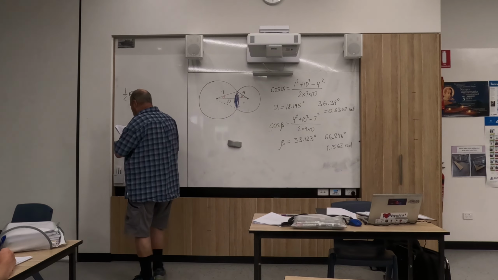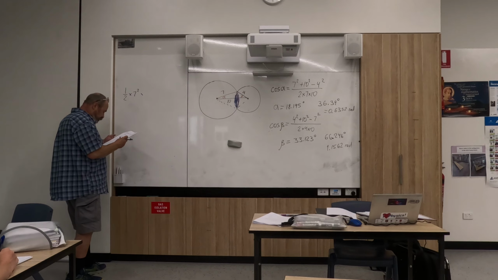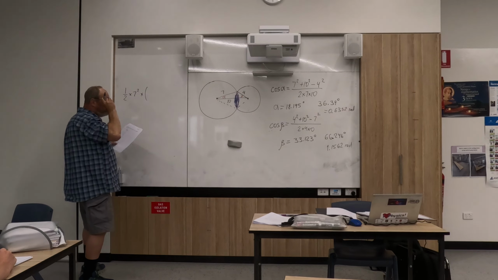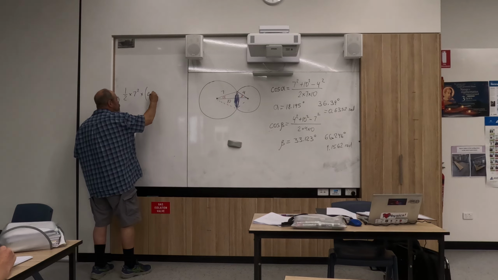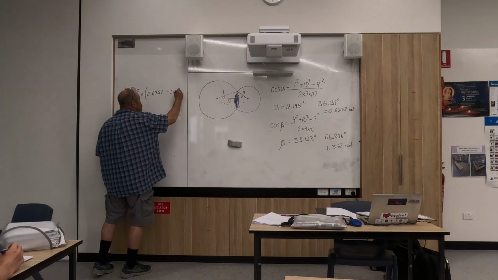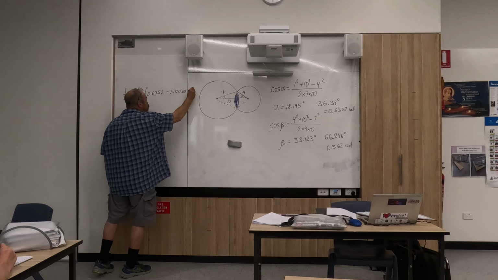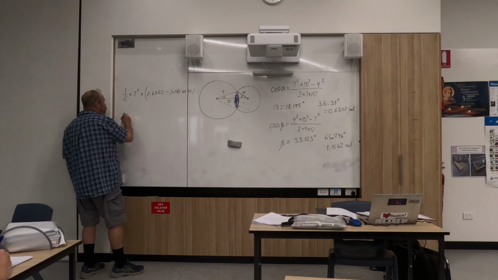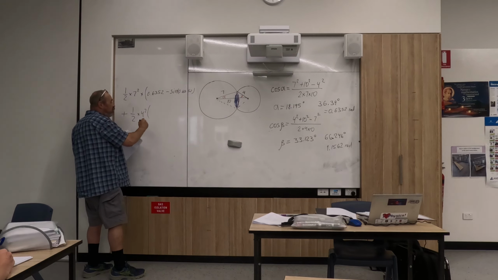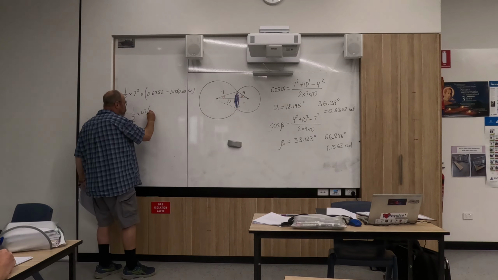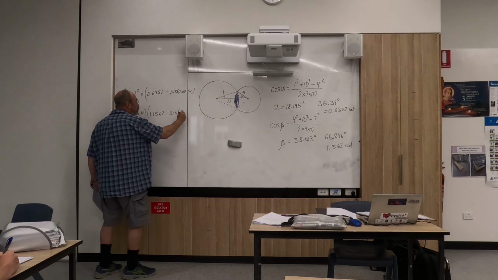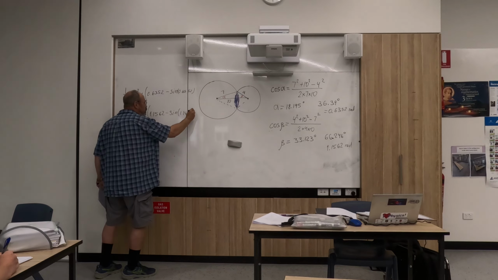So that will become 1/2 times 7 squared times 0.6352 in radians minus sine 0.6352, plus 1/2 times 4 squared times 1.1562 minus sine of 1.1562.